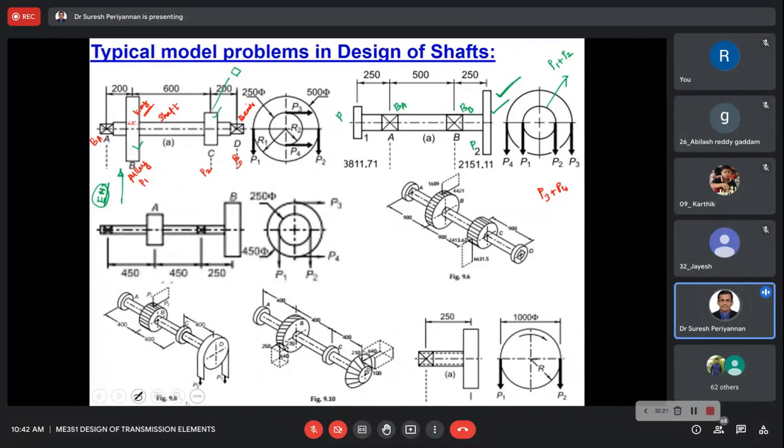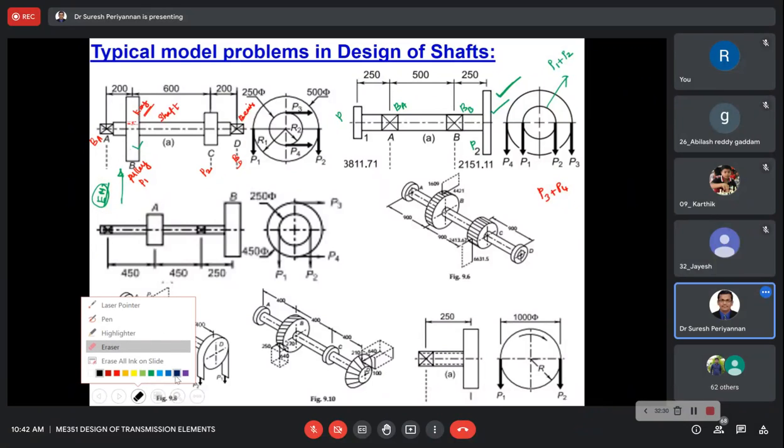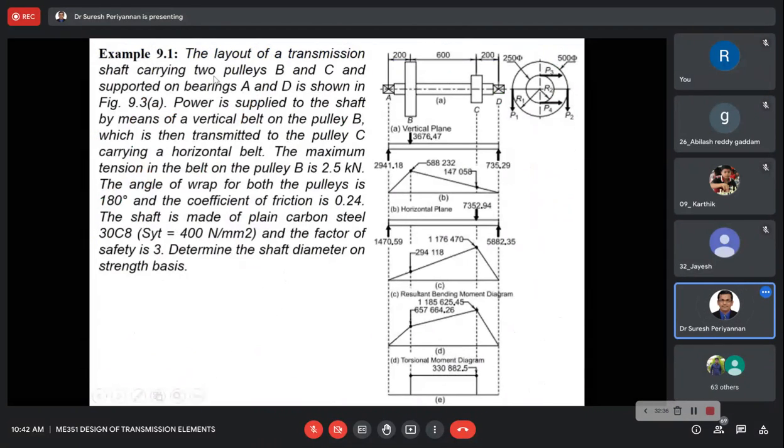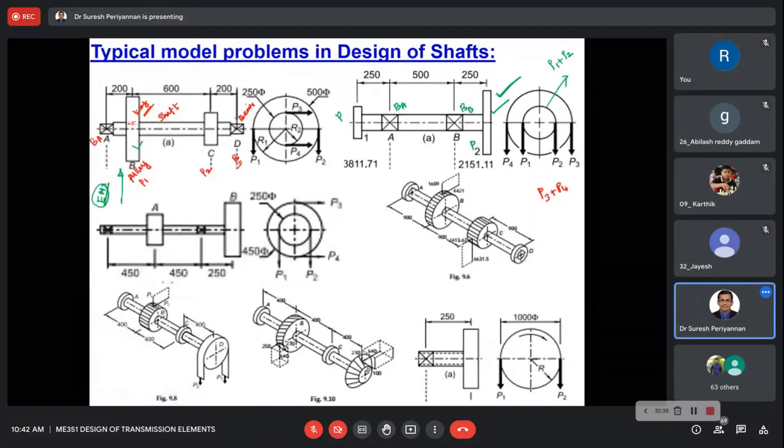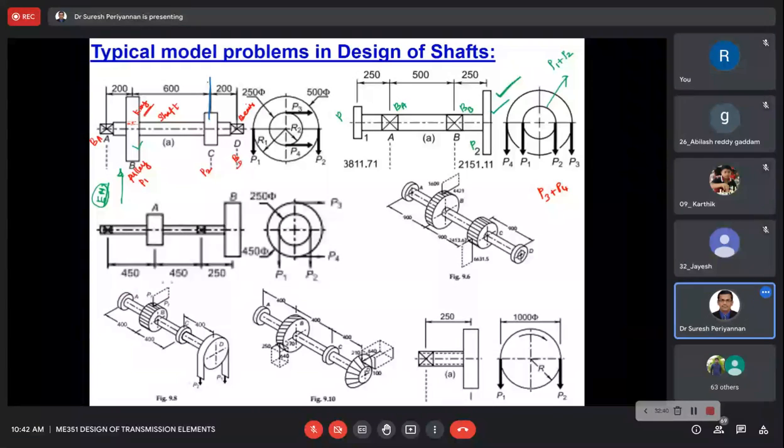Here, I erased some of the things. Now see here, this may be downward direction or upward direction. Don't worry about that. Here obviously it is the downward direction, because the load is given.